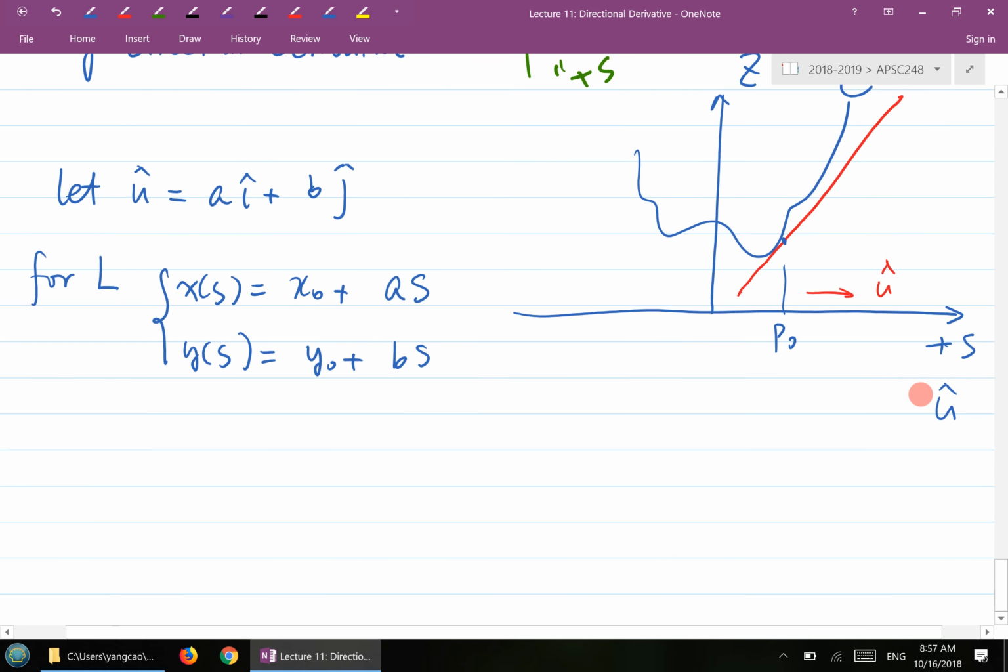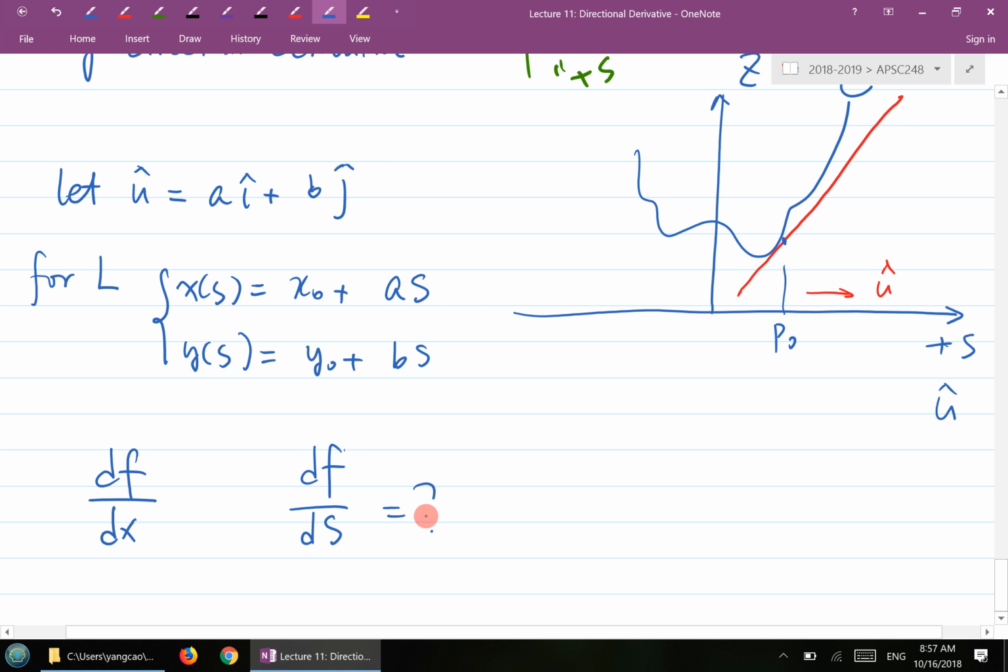Now, when we say df over dx, meaning what? The rate of change of f in the positive x-axis direction. That's what df over dx means. Now, this time I wanted to see the rate of change of f in the positive displacement direction. So this is the notation of directional derivative.